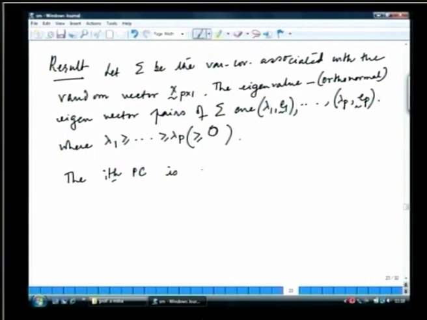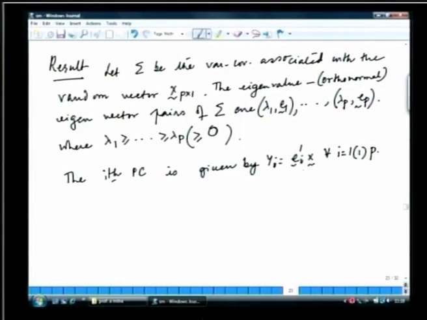Leave it like this, and then we say that the ith PC is given by yi. This simply turns out to be ei transpose x for every i from 1 to p. So, after having said all these things, what we do is simply consider the sigma matrix, calculate the eigenvalues and the corresponding orthonormal eigenvectors, and we will see that the ith principal component is nothing but a linear combination of this type, where we are taking help of the orthonormal eigenvector.